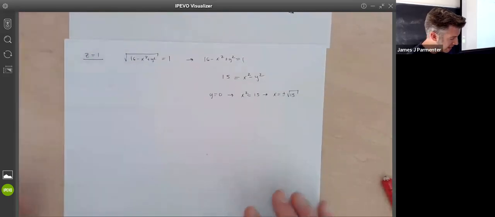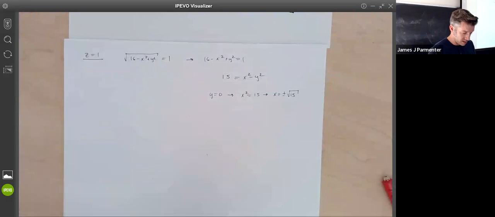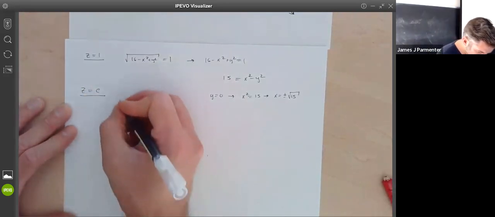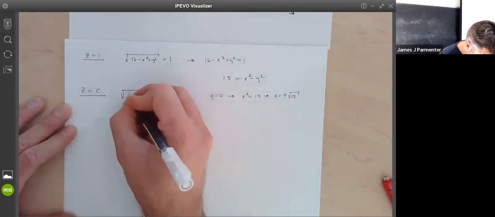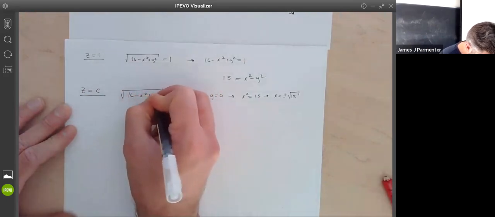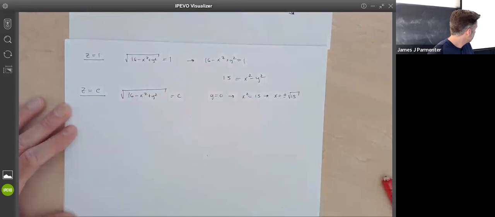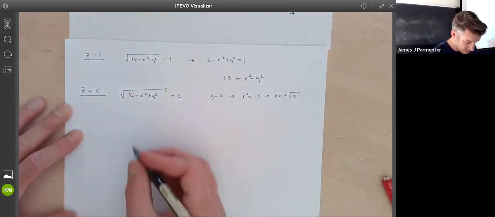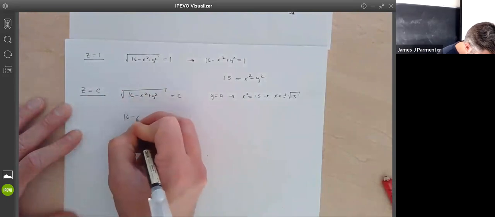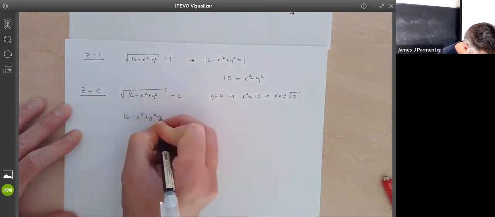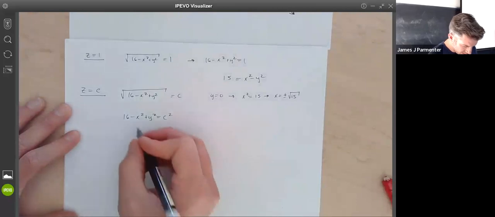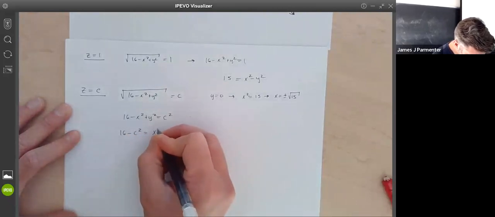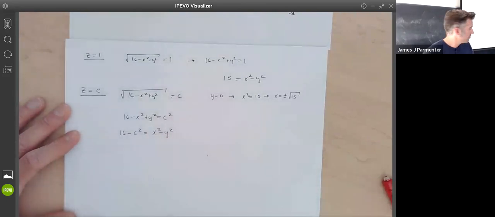The better way is to say, I'm going to pick C to be C. So let's say z equals C. And so we want to graph the square root of 16 minus x squared plus y squared equal to C. So now we're going to solve for x squared minus y squared like we did before. So square both sides. And then 16 minus C squared is going to be x squared minus y squared.